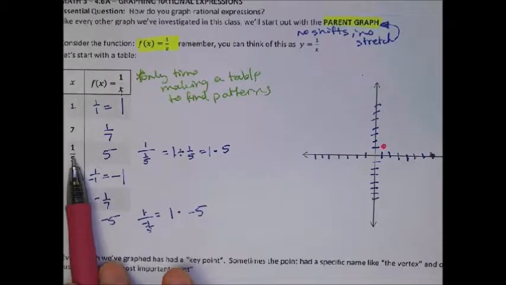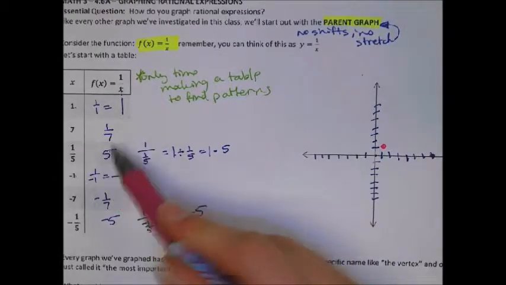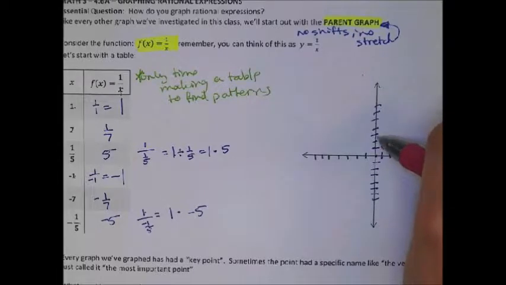X is 1/5, so x is 1/5 is right here, really close to 0. Y is 5, so up 1, 2, 3, 4, 5.